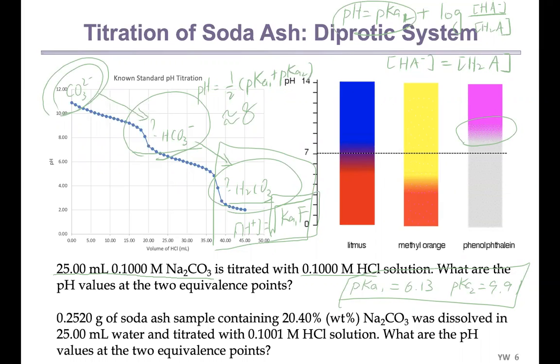Now, if you do the calculation here, of course, you need to know the concentration with the volumes. The pH will be around 3 point something, 3 to 4. So, which is why we use methyl orange.